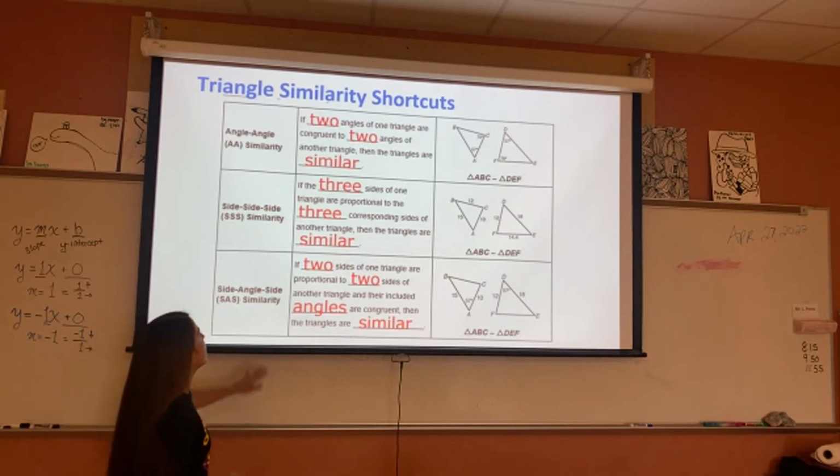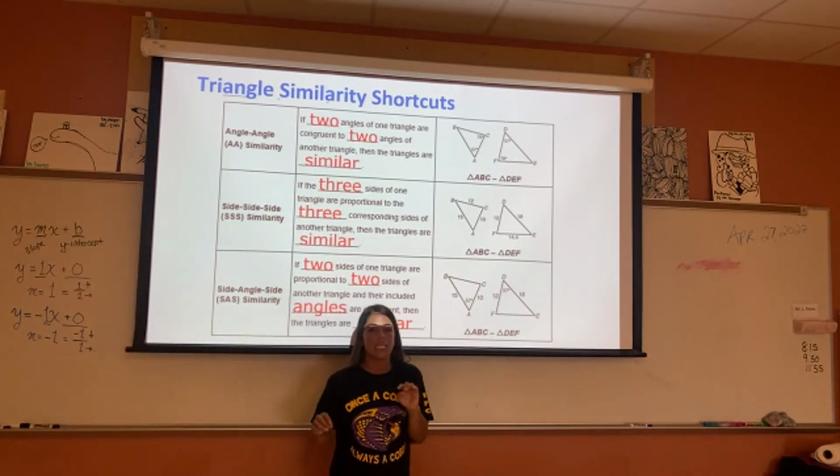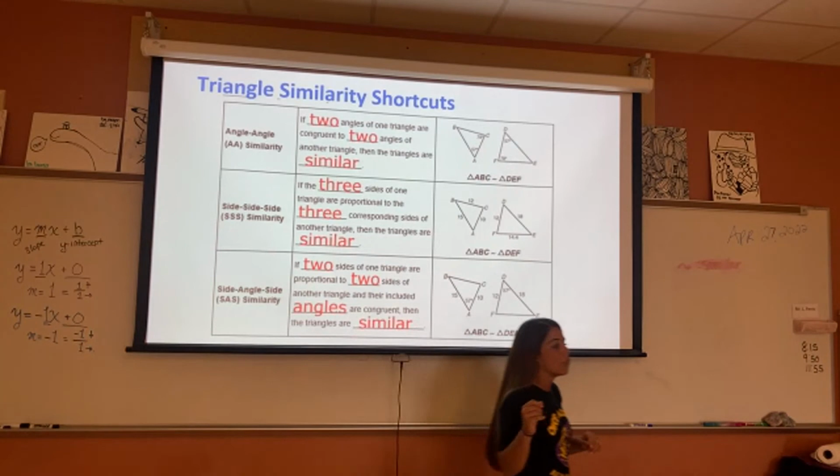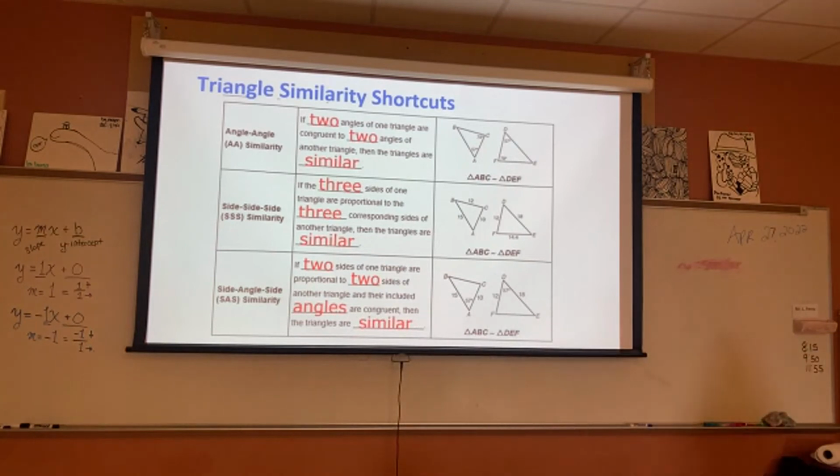The only one that may trick you up is that side angle side, because for this one, the order matters. It can't just be any 2 sides and any angle that you want. The angle has to be that included angle.